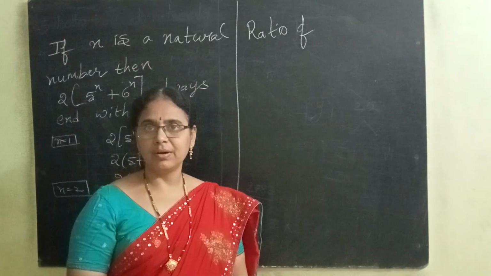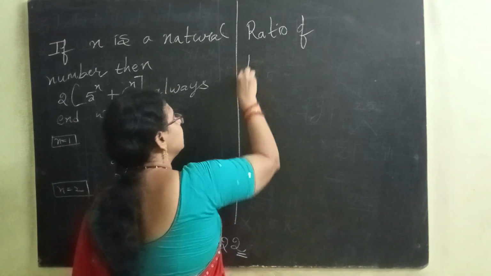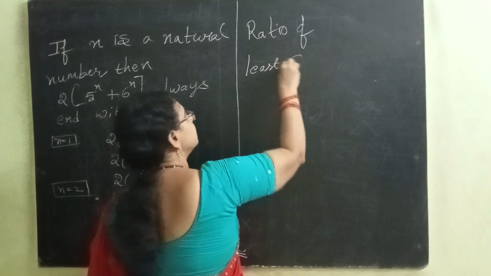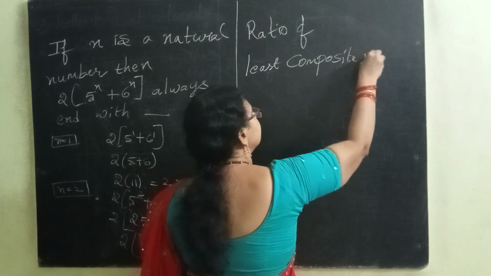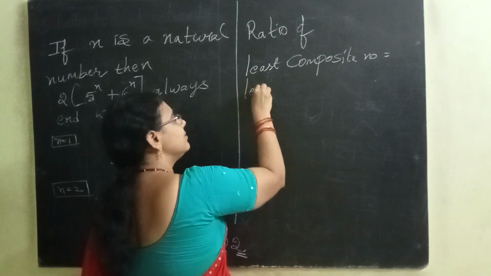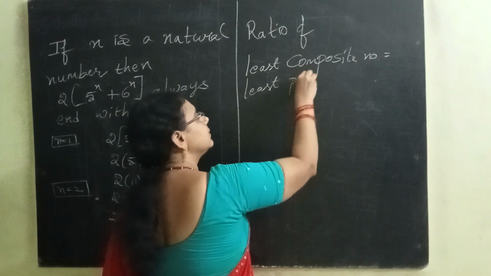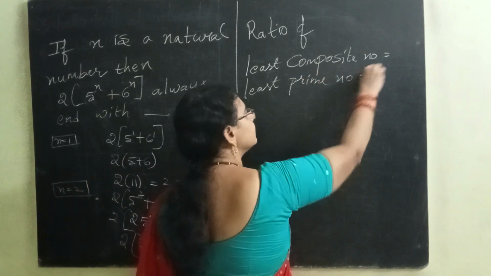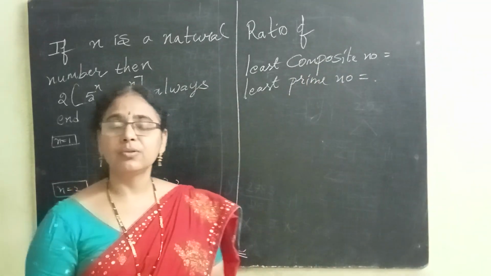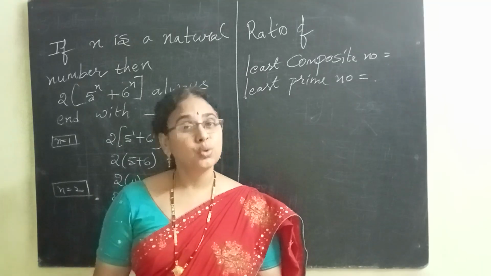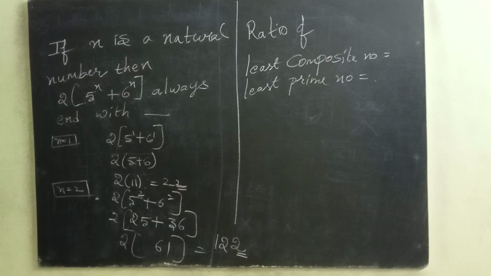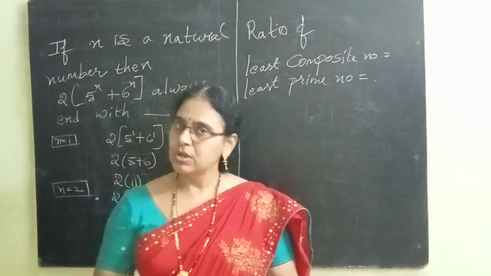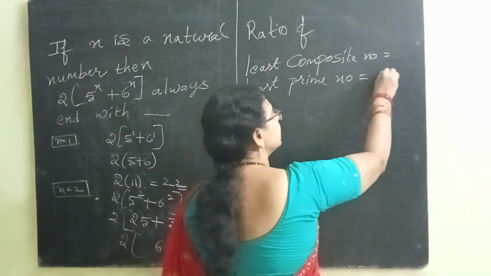What is the least prime number? A prime number means no common factors except 1 and itself. So 2 is the least prime number, as you already know.